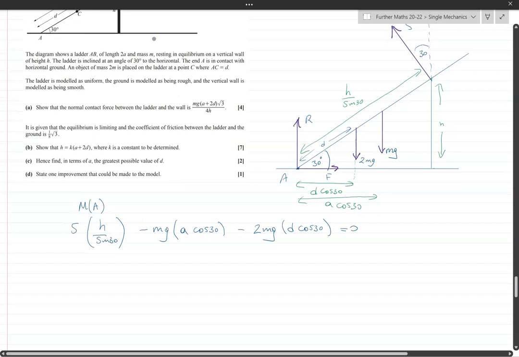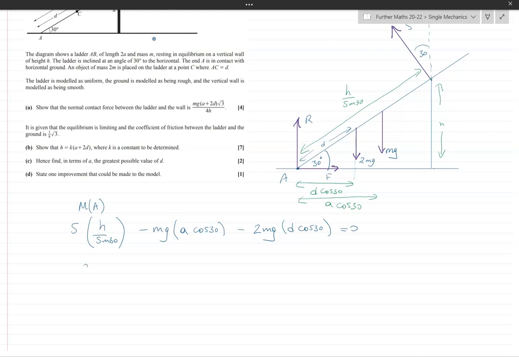Well, as I just said, sine 30 is a half, so this bit here is 2h times S. Let's take both of these over to the other side. So this is mga times the square root of 3 over 2, and this is 2mgd times the square root of 3 over 2. I'm beginning to see that this might be coming out now, but I think we need an intermediate step yet.